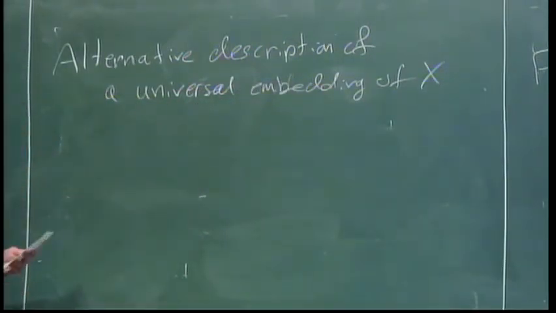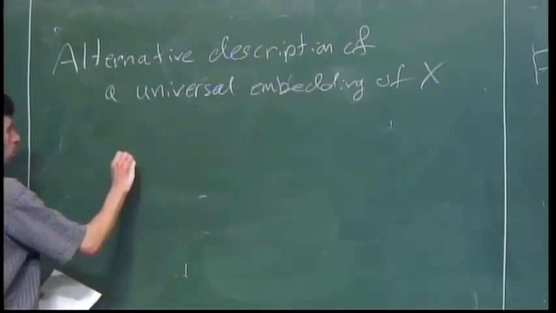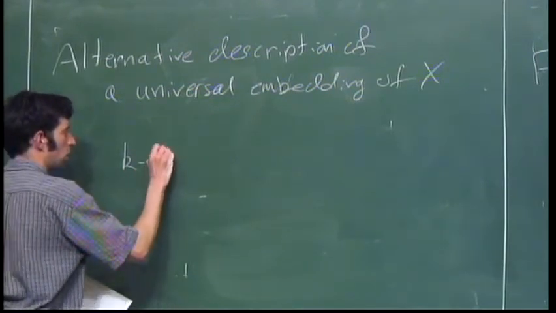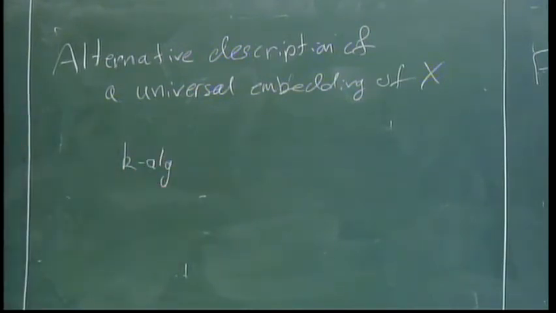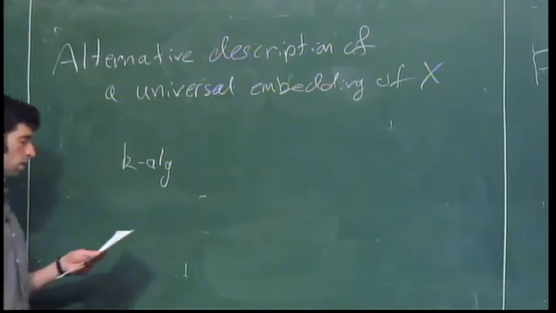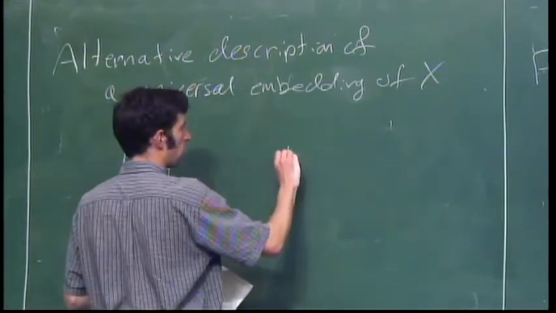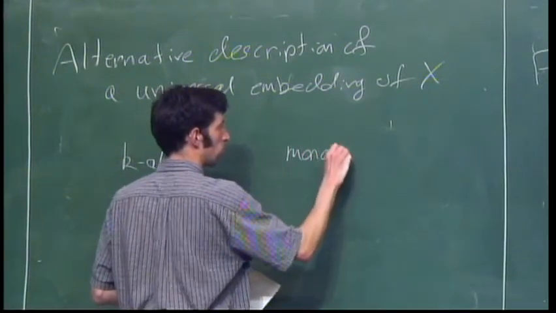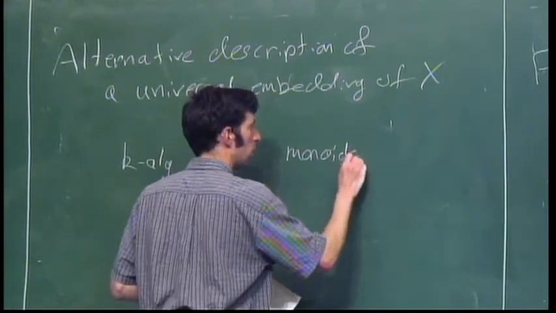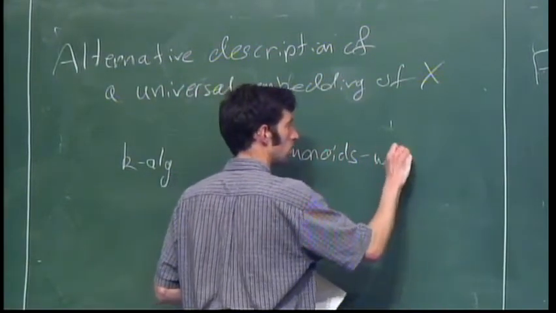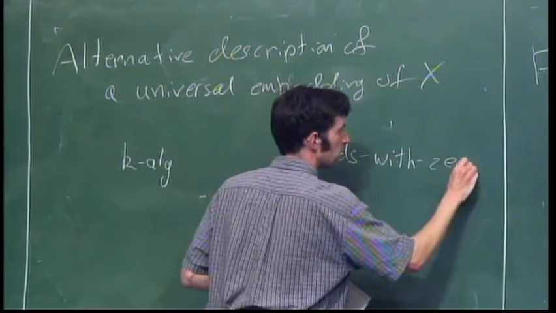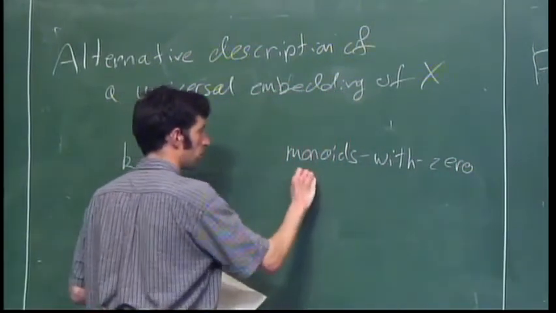Okay, so here's an alternative description. We have the category of K algebras, and we have the category of monoids with 0.